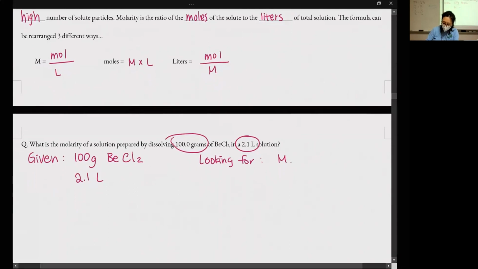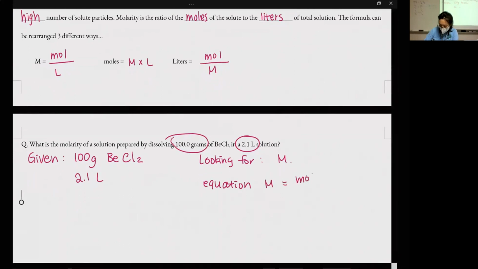So we know that we'll be using equation M equals to mole divided by liters, but we don't have the mole yet. So what we'll do is we will convert the grams to the mole. So step 1 for this question is grams to the mole.